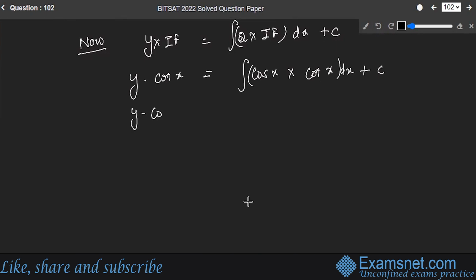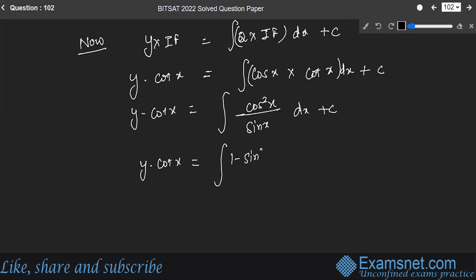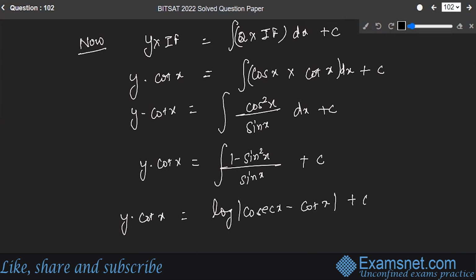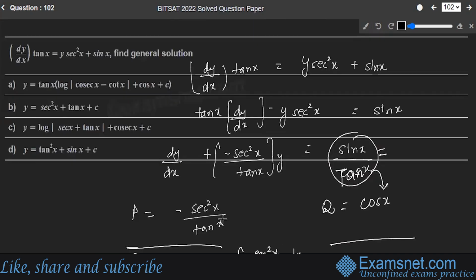So you have y cotangent x is equal to integral of cos square x upon sin x dx plus c, or y into cotangent x is equal to integral of 1 minus sin square x upon sin x plus c, or y into cotangent x is equal to log cosecant x minus cotangent x plus cos x plus c. There's the answer, and you have here option A as the right answer.